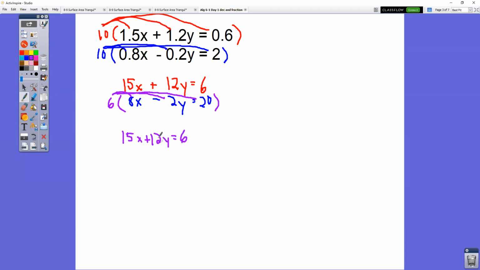But now after I distribute, 6 times 8 is 48x. 6 times negative 2 is negative 12y. There's my opposites. And 6 times 20 is 120. Now I have my 12y and my negative 12y. So now I'm just going to solve this problem like I normally do and add going down, because these 12y's will cancel out. Go ahead and finish this one on your own, please.